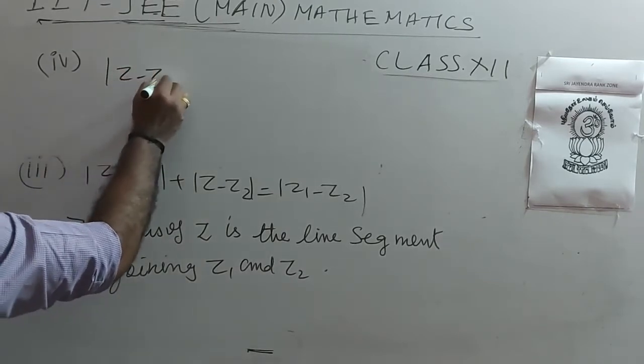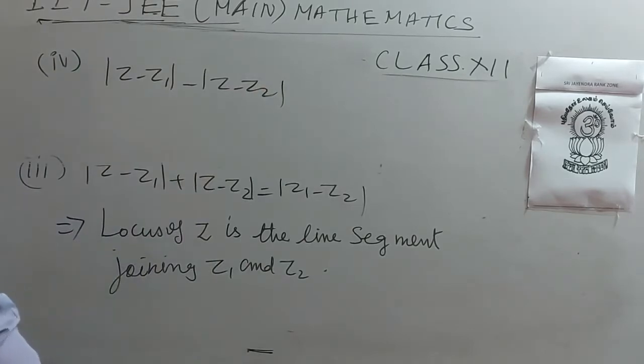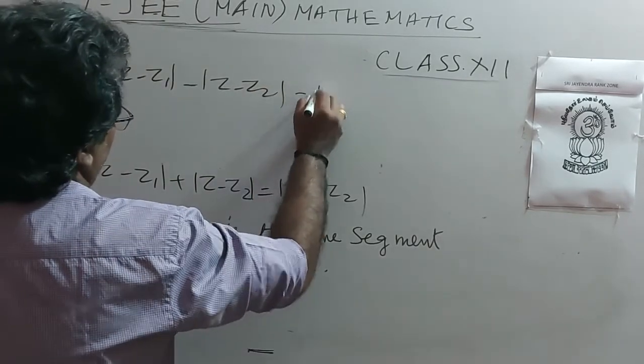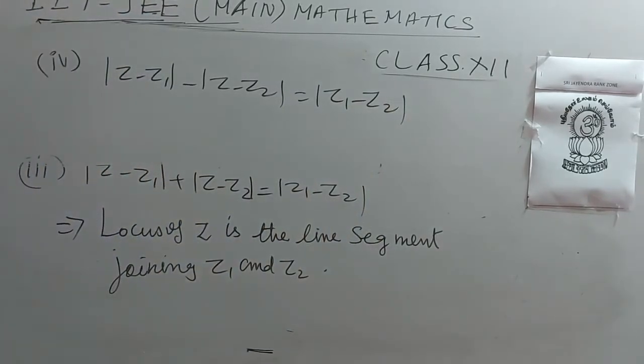Modulus of z minus z1 minus modulus of z minus z2 equal to modulus of z1 minus z2.